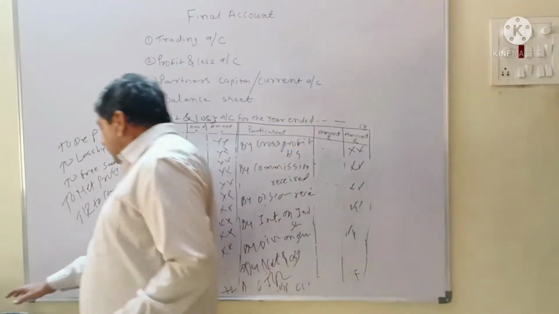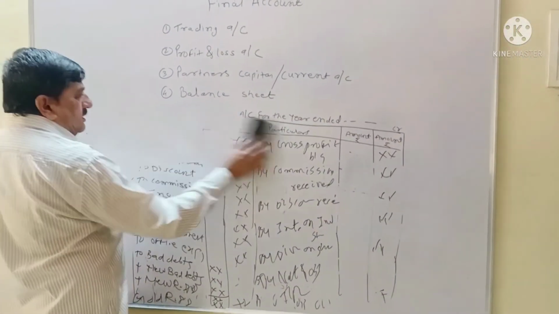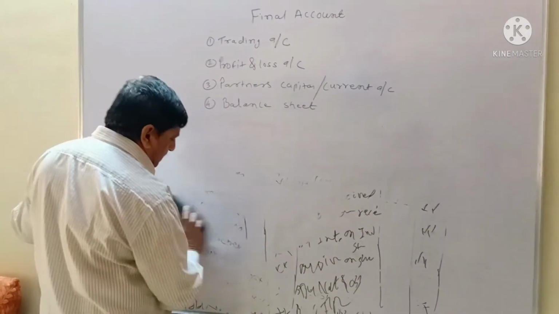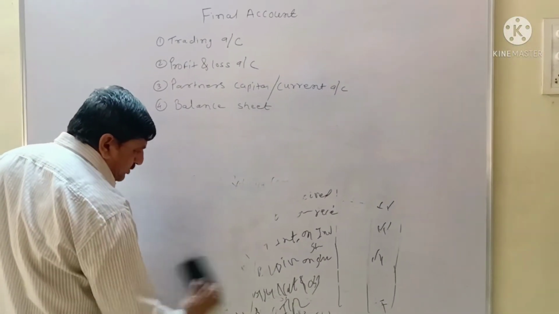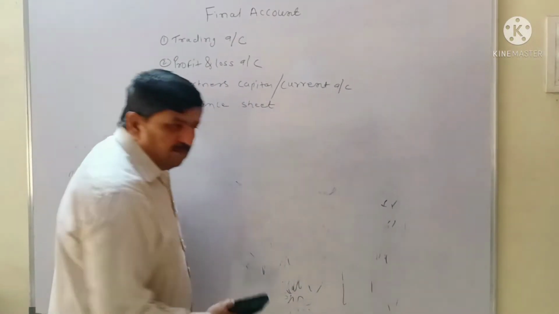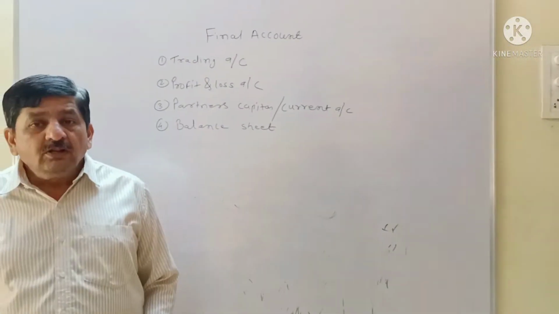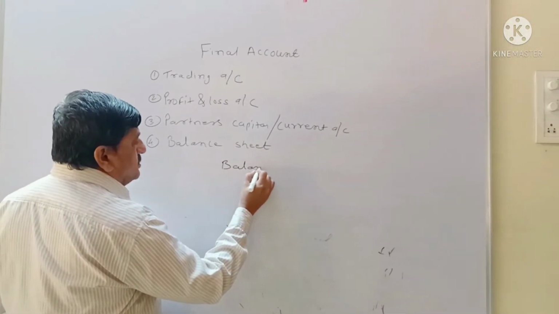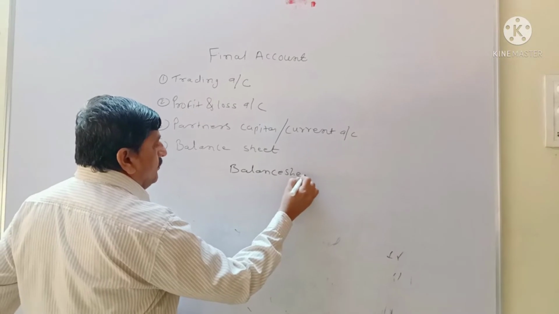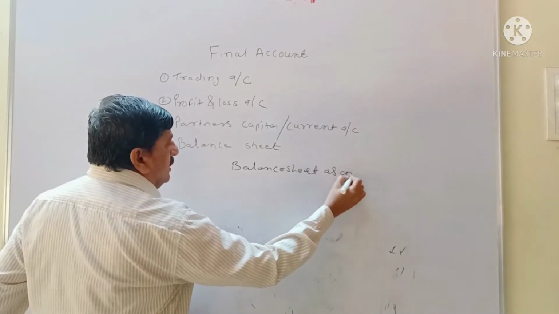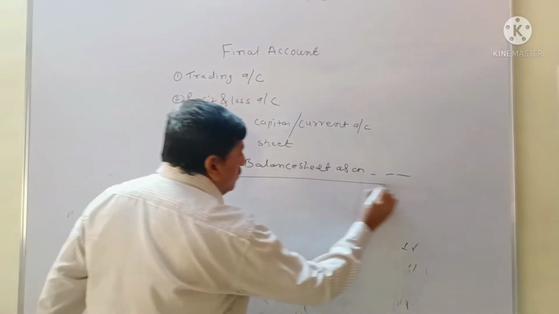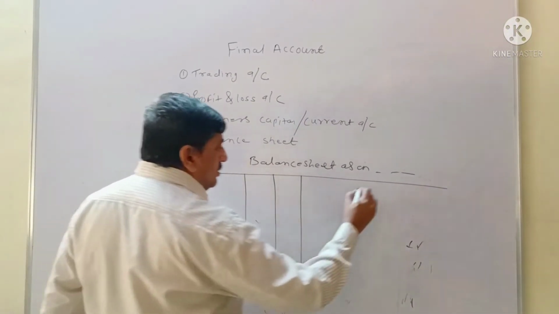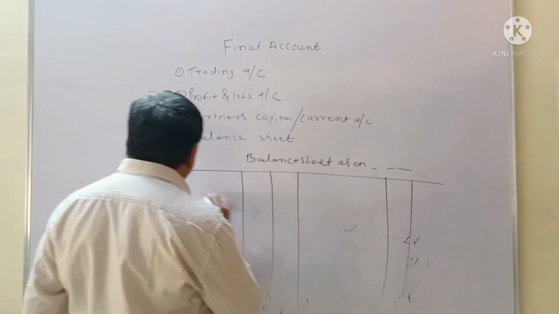Then the balance sheet. A balance sheet is not an account, it is a statement of assets and liabilities. It shows the financial position of the business. Balance sheet as on ___, two sides: liabilities, rupees; assets, rupees.